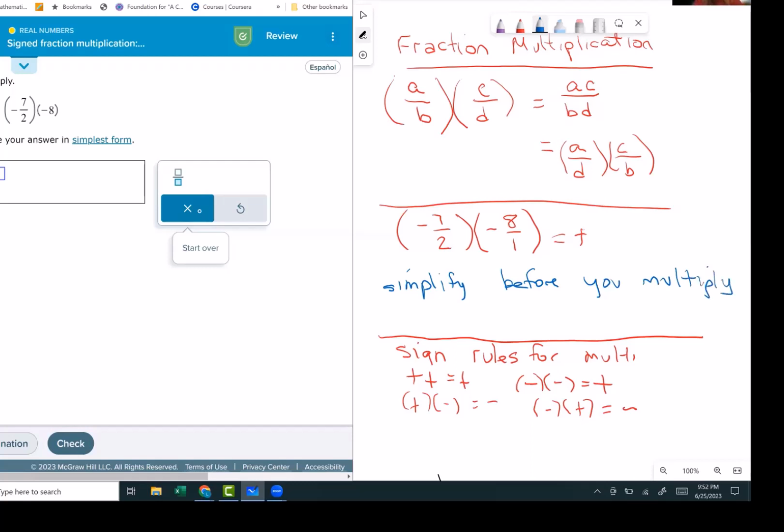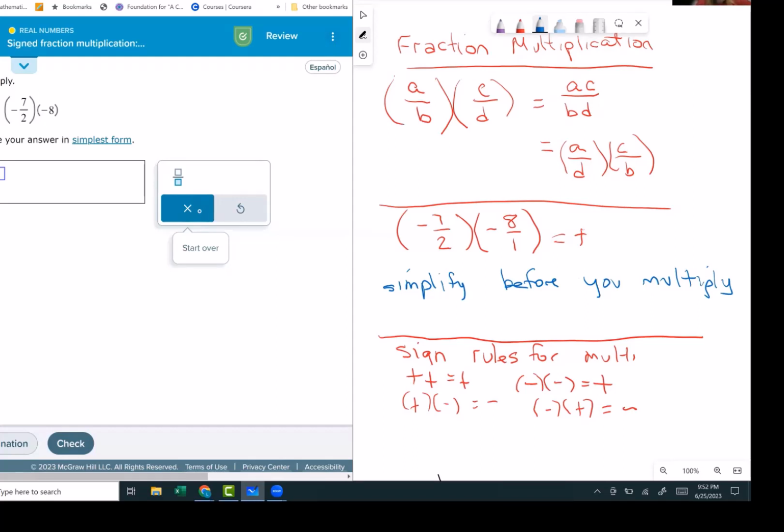Because once I multiply, I'm going to get 7 times 8, which is 56, divided by 2. Now, that's really not a bad one, but sometimes they get very big, and we could have simplified it sooner, and we wouldn't have had to worry about the multiplication.